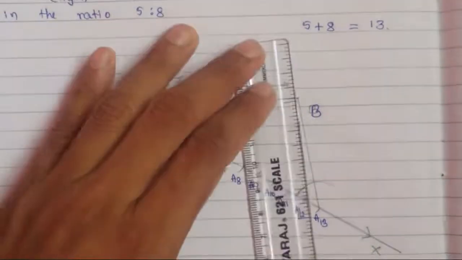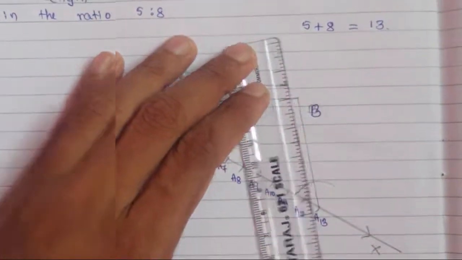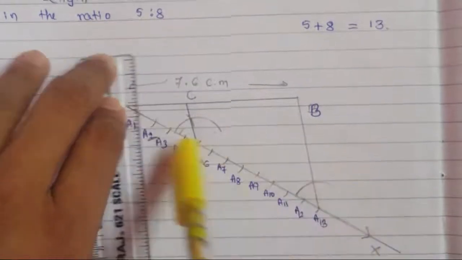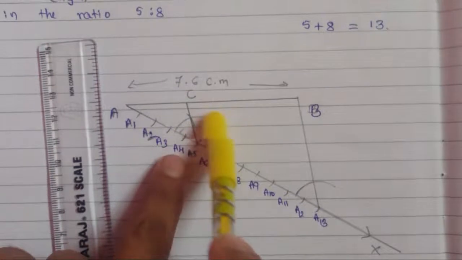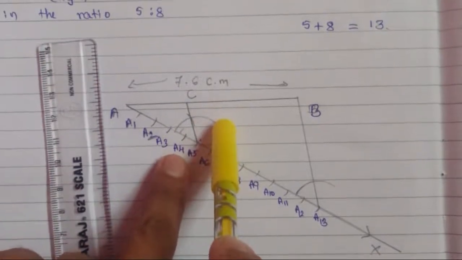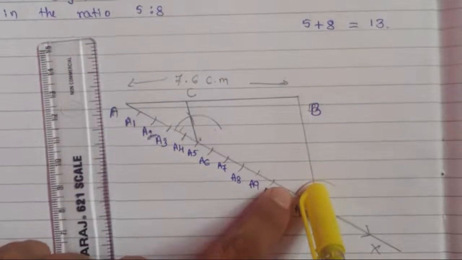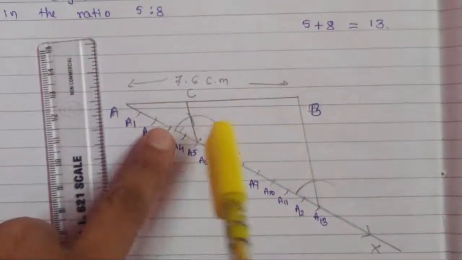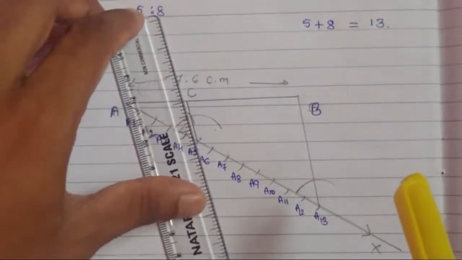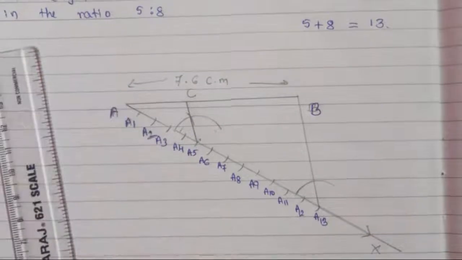Then we join the last point to point B. Then we draw a certain arc, and the same arc at point 5, that is A5. Then we measure this length with the compass, cut the same length, and join the intersected point and point A5.